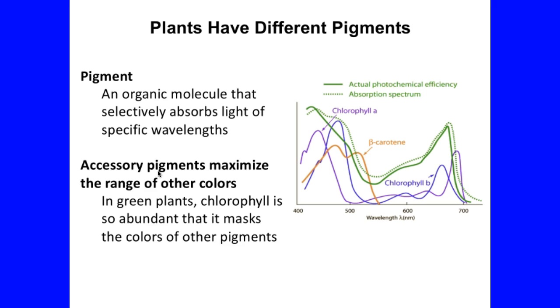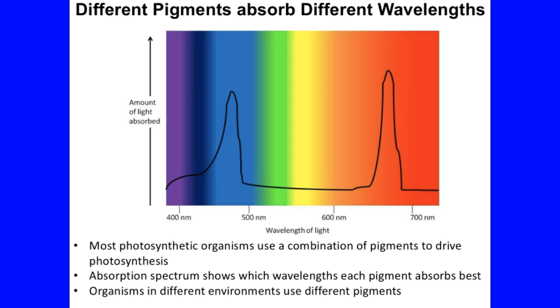Another thing to notice here is the accessory pigments, which we'll talk about a little later, anthocyanin and xanthophylls. These are accessory pigments that maximize the range of other colors in a plant. Here is a picture of chlorophyll A, which is what we just mentioned.